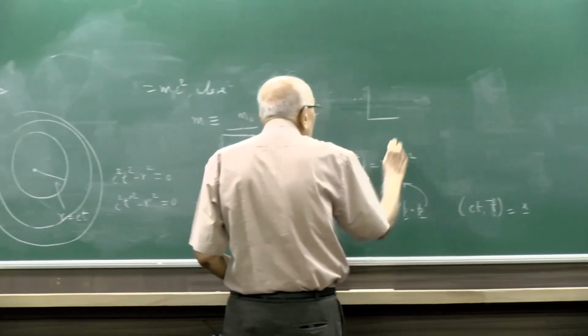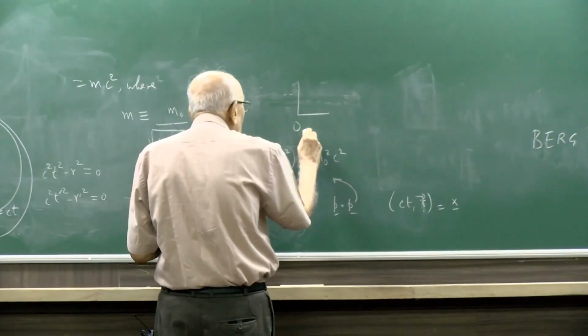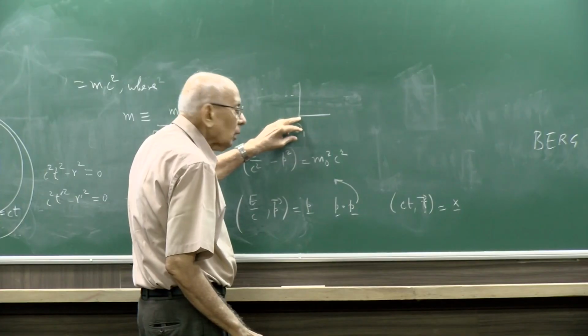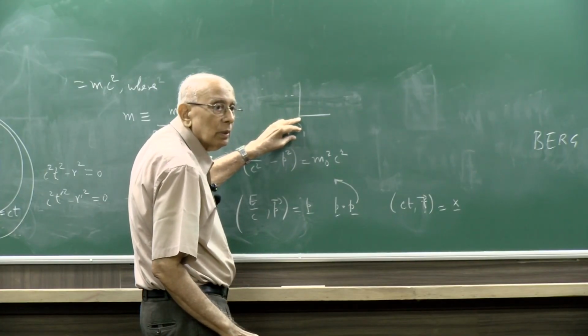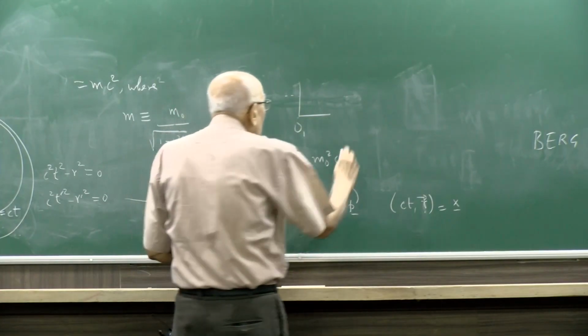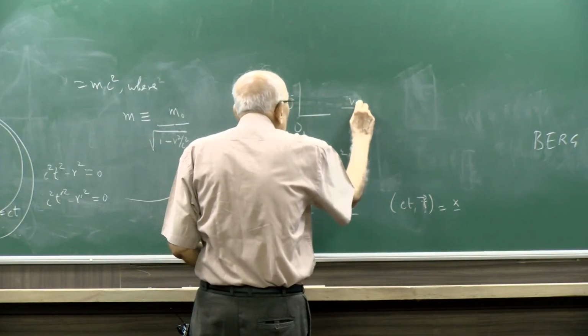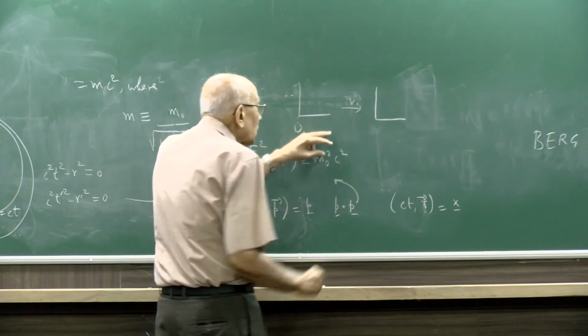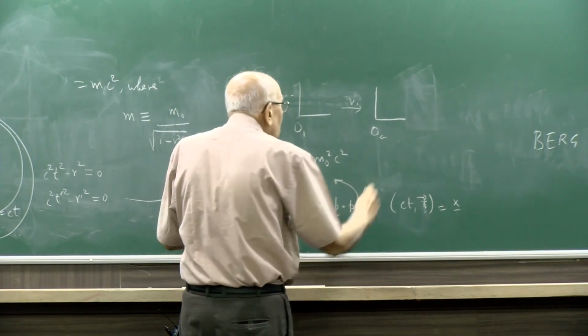Suppose I have a frame of reference, me, observer 1, sitting here. Another observer, O2, is sitting on top of this origin at t equal to 0 and starts moving in this direction with speed v1 with respect to me, along my x-axis.